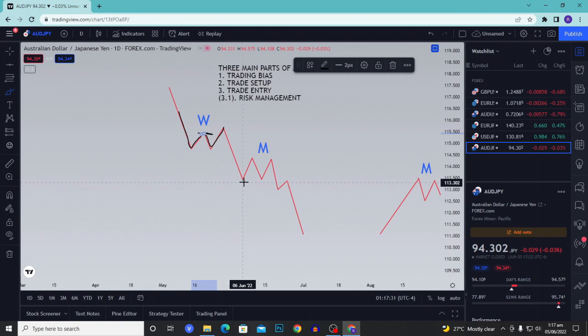The M setup now has to do with the complete opposite, where price goes up, comes down to form the neck point, goes up again, then comes down to break that neck point right here. And if price does not break these neck points, it's not an M or W. It's only an M or W once price breaks the neck points.